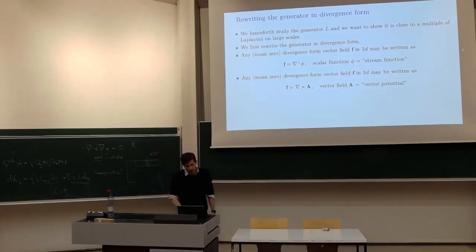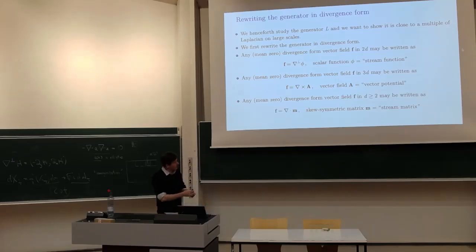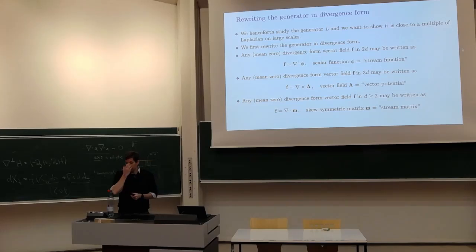In arbitrary dimension, the correct thing to do is to say, and there's probably a more correct thing to do if you know about differential forms, but I sort of stubbornly don't want to learn about that. If you have a divergence-free vector field, you can write it as the row divergence, for example, of a skew-symmetric matrix field. Okay? And this is actually generalizing both of these cases.